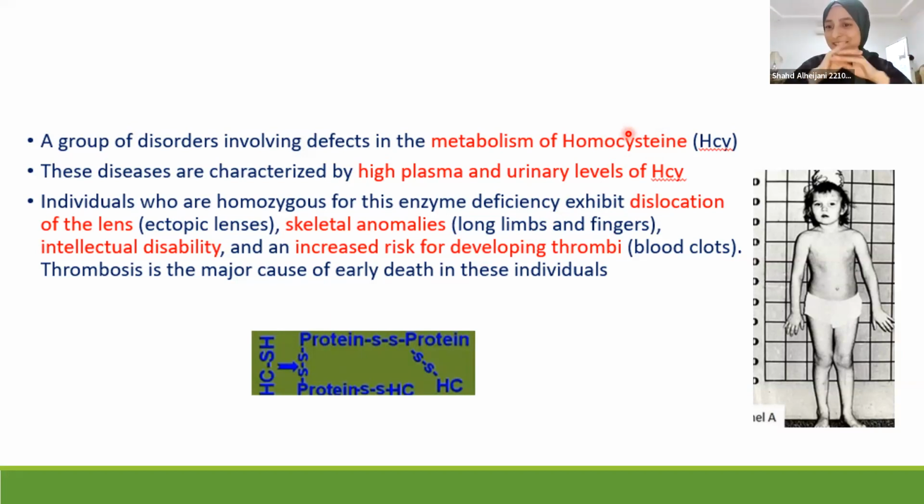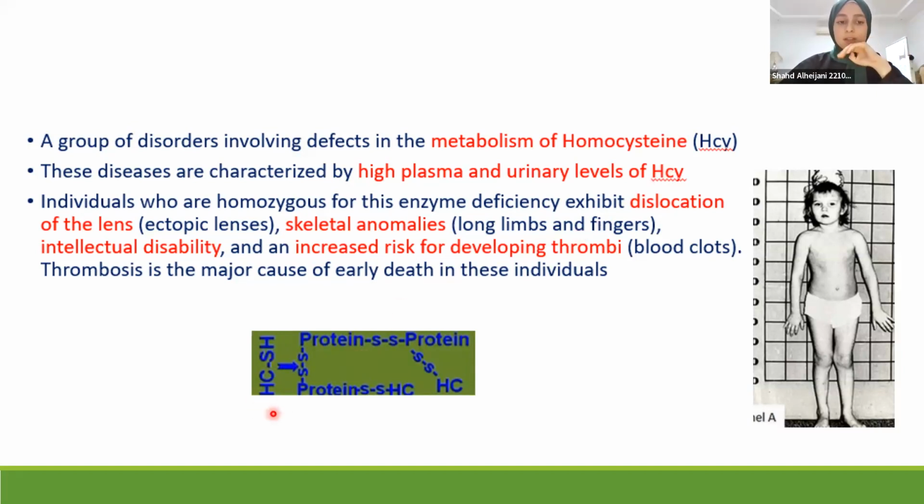Now, again, this is not correct. This is just to remember. So just remember when you see the word cyst in homocysteine, remember blood clots developing thrombi, or you can remember the long limbs. So the blood has to travel for very long distances. It gets tired and then starts clotting, for example. So homocystinuria, long limbs, long fingers, developing thrombi.